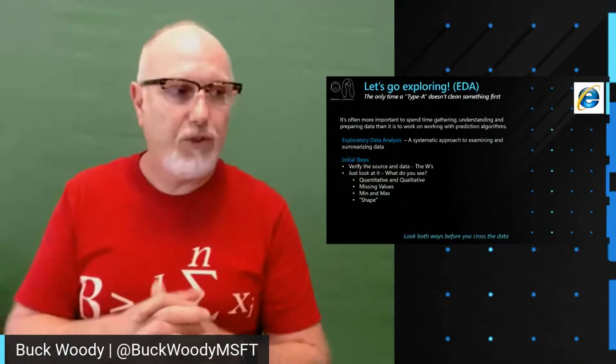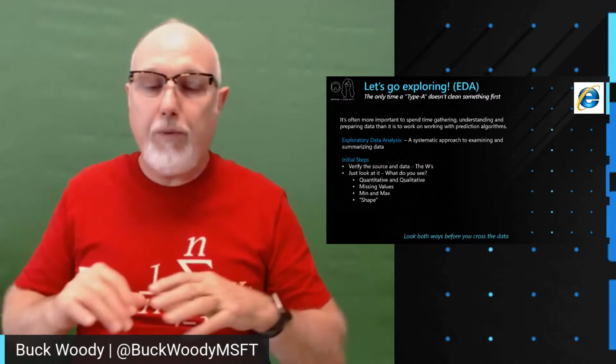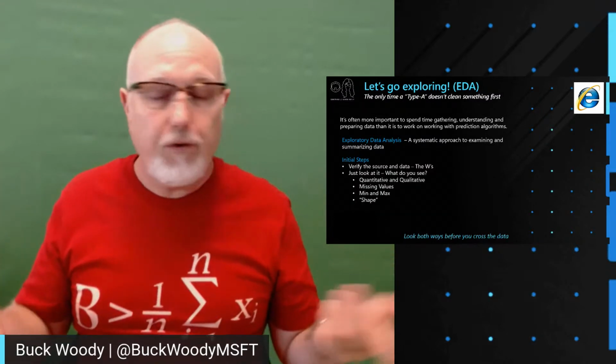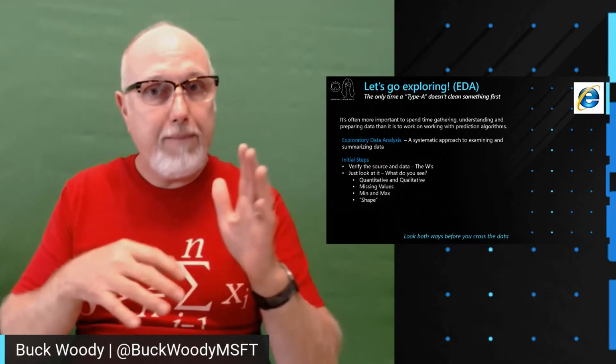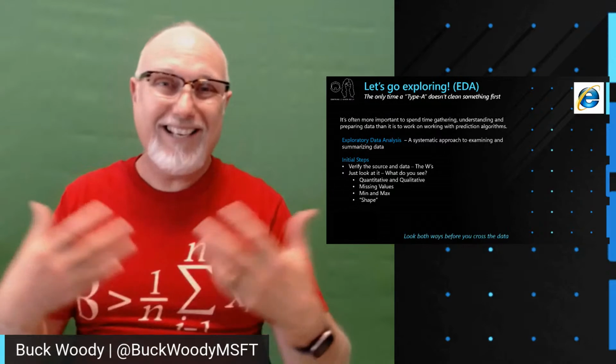And then there's also quantitative data, and quantitative data actually has numbers in it, and we can do math on those numbers. And when we look at the data, we just kind of look at it. We're looking for things like missing values. Say we've collected a whole bunch of things, but maybe somebody's filled out some of the survey and not the rest.